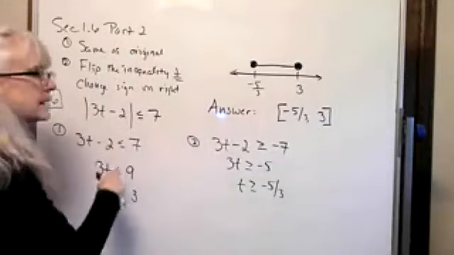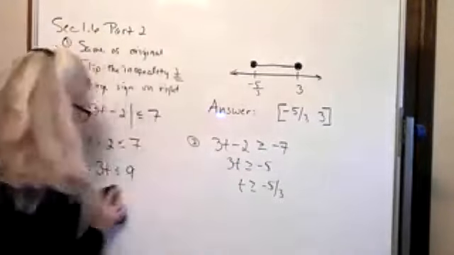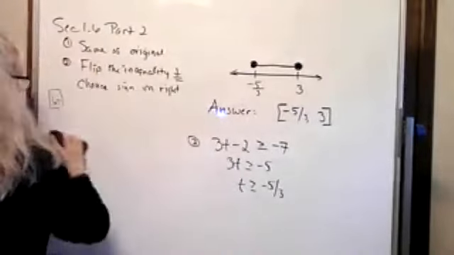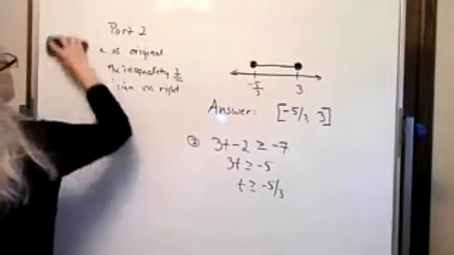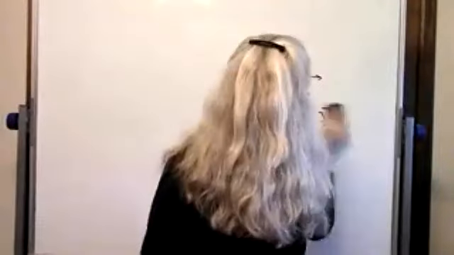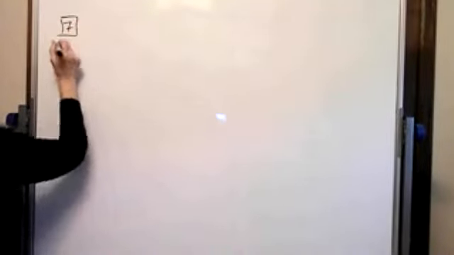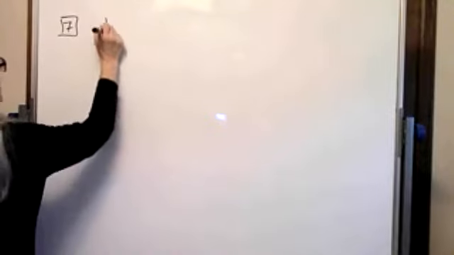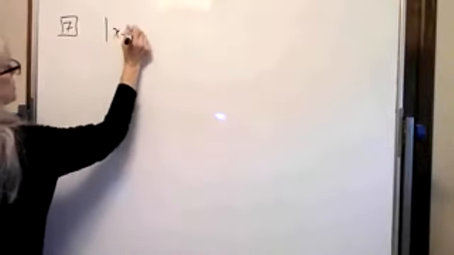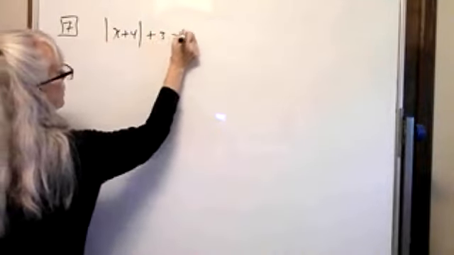So that was a less than. Let's go do a greater than as an example and see how that works. This is example 7. Example 7 says we have the absolute value of x plus 4 plus 3 is greater than 5.